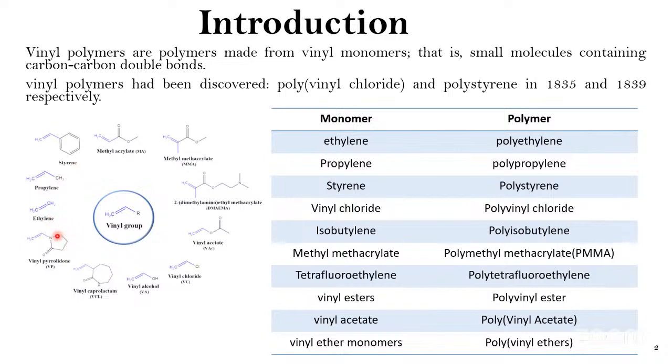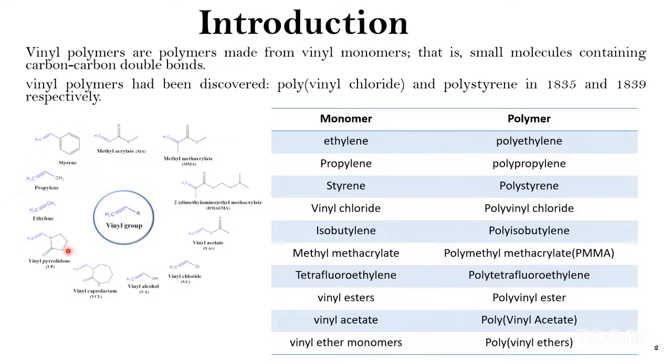Here R means pyrrolidine. Here R means caprolactam. Here R means OH. Here R means chlorine, acetate. R means a reactant group? Yes, a functional group.